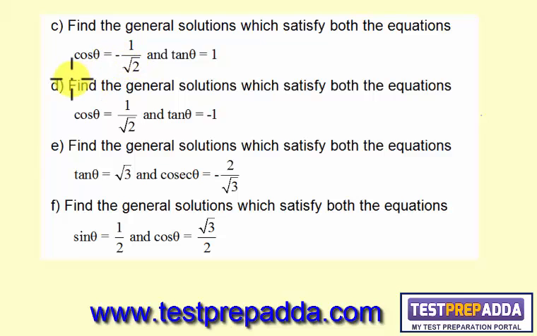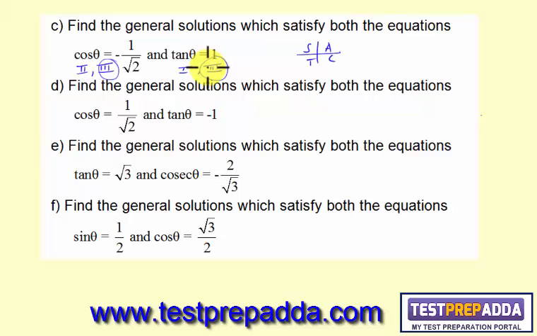Since cos theta is negative, theta should be in the second quadrant or in the third quadrant, and tan theta is equal to 1 means positive, so theta will be in the first quadrant or in the third quadrant. Recall ASTC from school to college. So a theta which satisfies both the equations should be in the third quadrant.